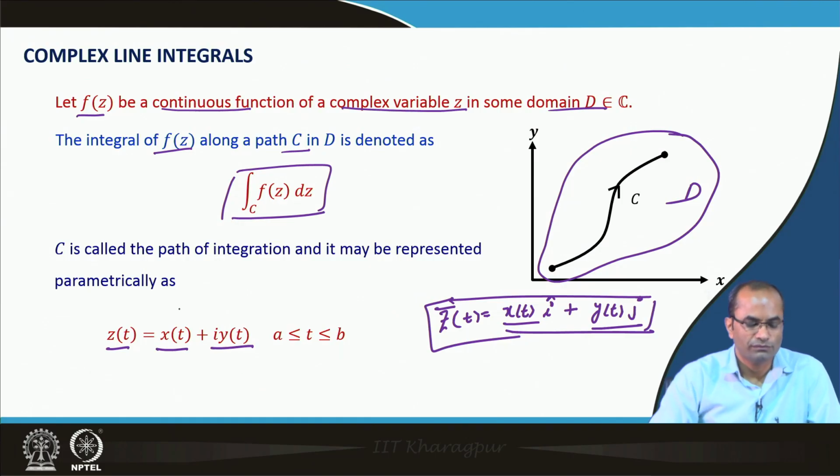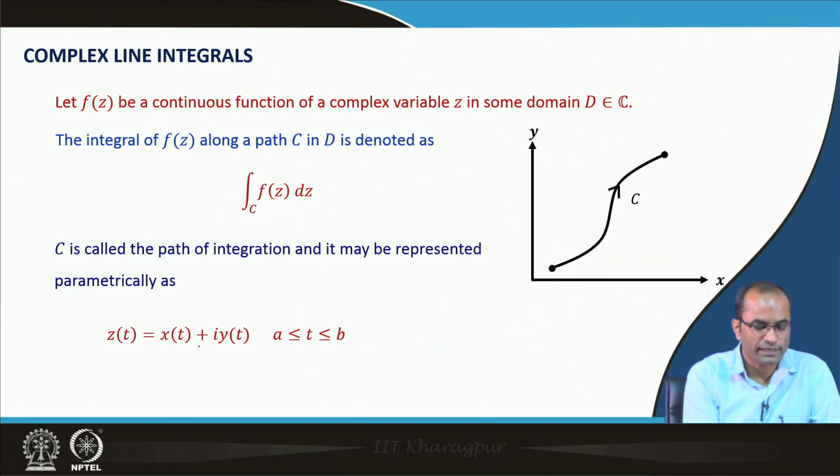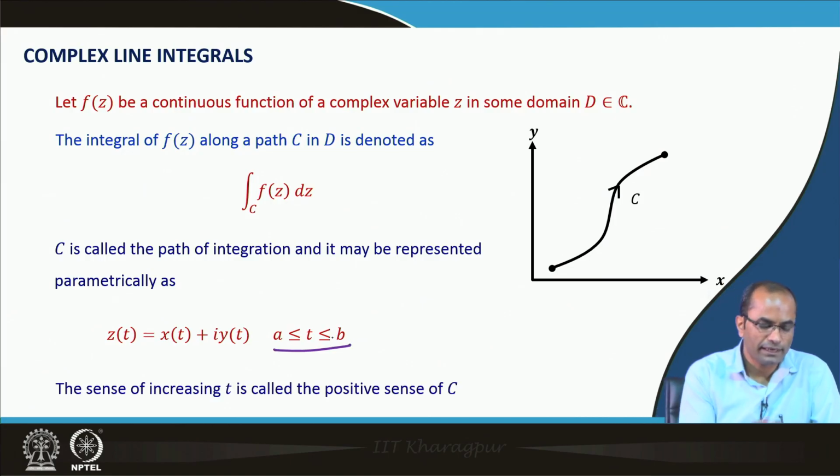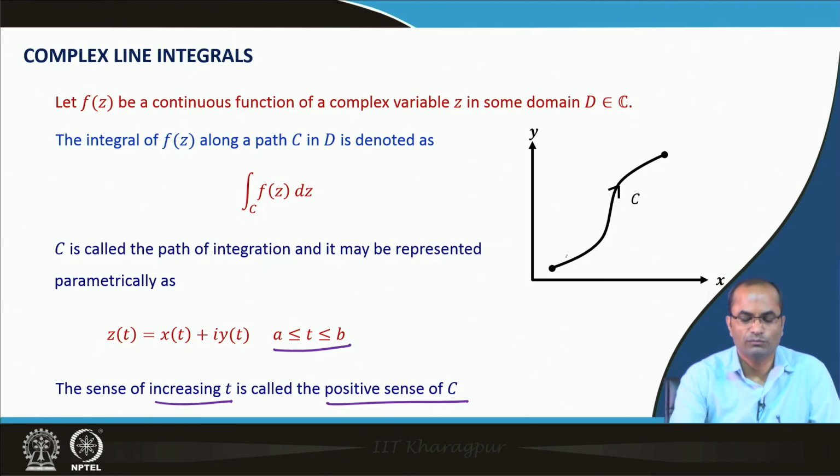The notation we follow is from the complex context: z(t) equals x(t) plus i y(t), and t varies from a to b. Again, the sense of increasing t is called the positive sense of C. As we move along t, we must be moving on this curve, and the direction in which we move on the curve with increasing values of t is called the positive direction of C.